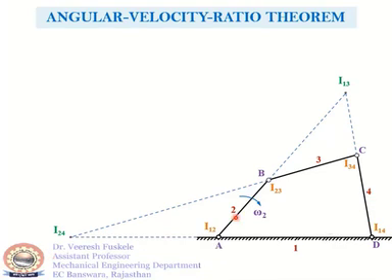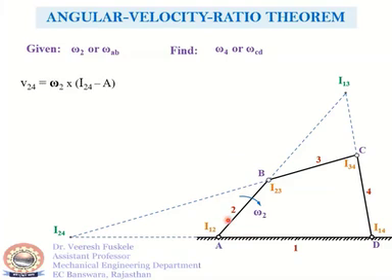If we consider I24 to be a point on body 2 which is rotating about A or I12, the velocity V24 will be equal to omega 2 into I24 minus A. This can be written as omega 2 into I24 minus I12, as the link 2 is rotating about the center A or I12.